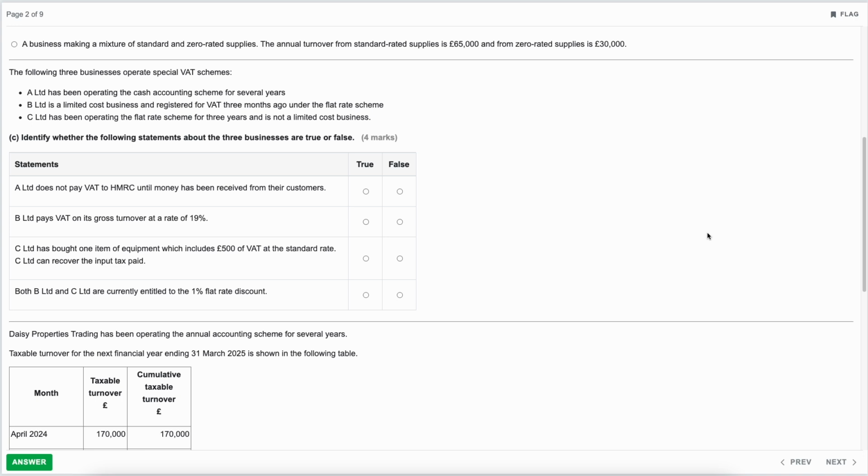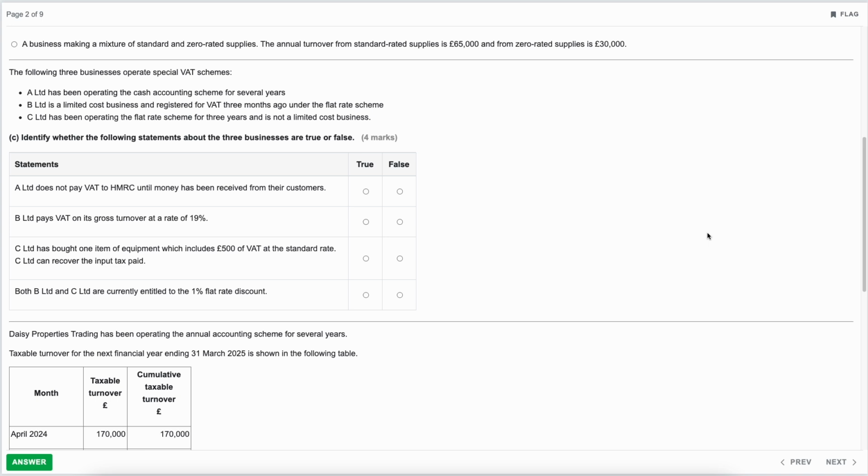And C Limited has been operating the flat rate scheme for 3 years and is not a limited cost business. Okay, so part C, identify whether the following statements about the 3 businesses are true or false. So it's worth noting that within your reference material, you do get information on the special schemes, so do use that within your actual exam.